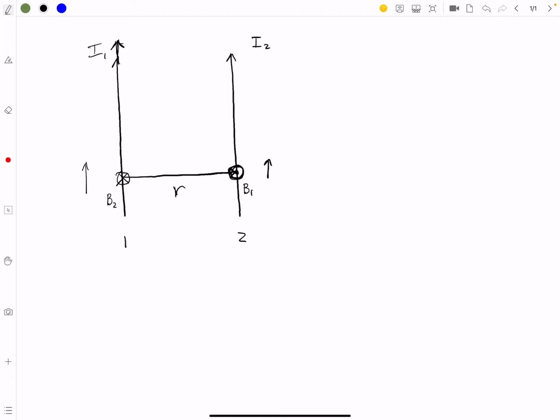So what we really want to look at is the B field according to 1. Oh, I have it totally backwards. You guys are probably yelling at me.